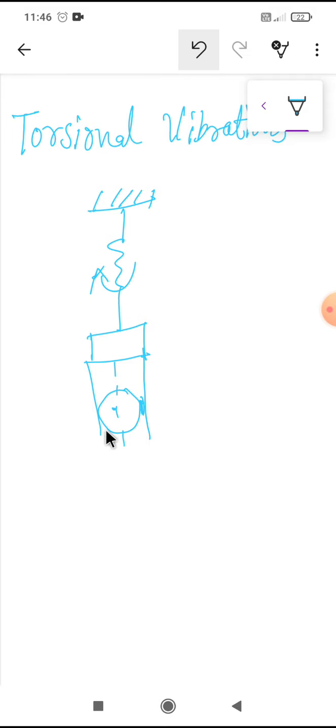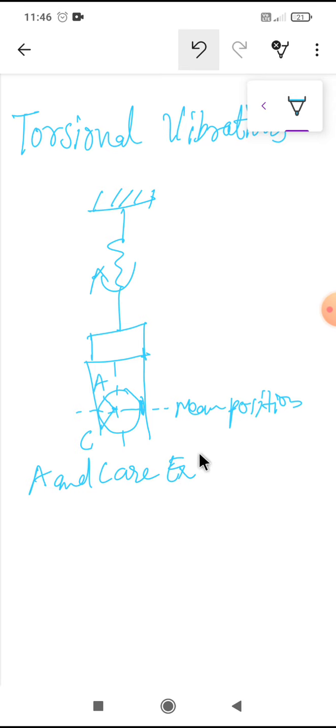Suppose this is the mean position, and it is getting twisted up to A, then it is going back to the mean position, and then it is again twisting to C position.